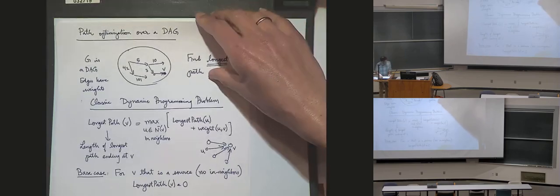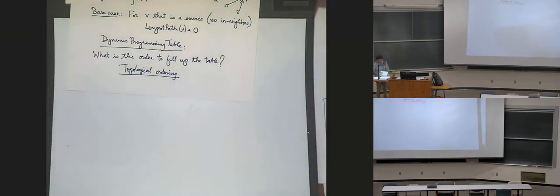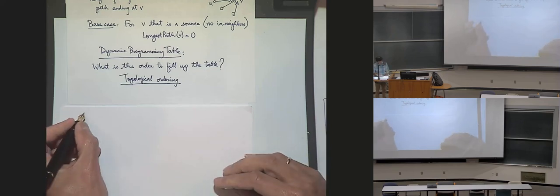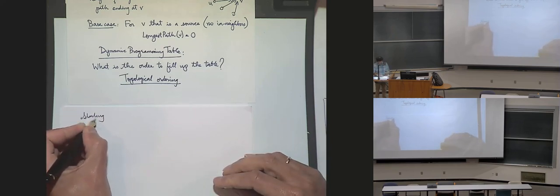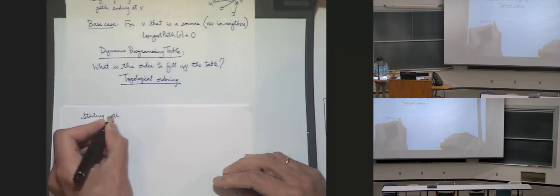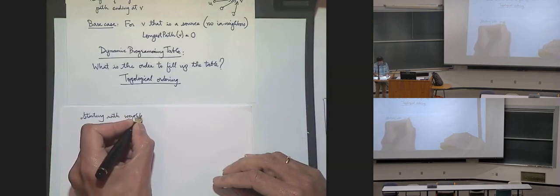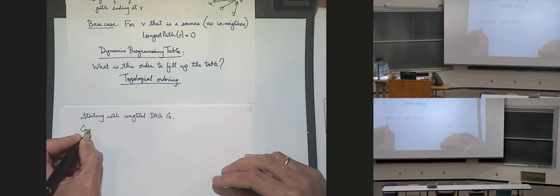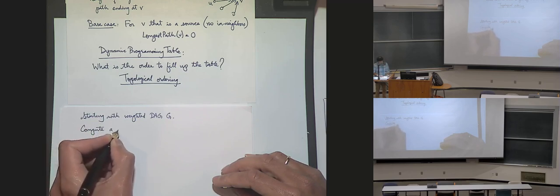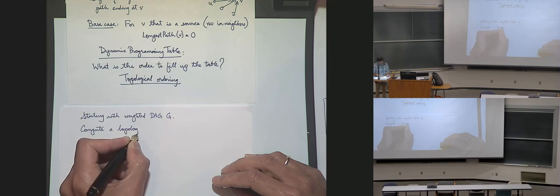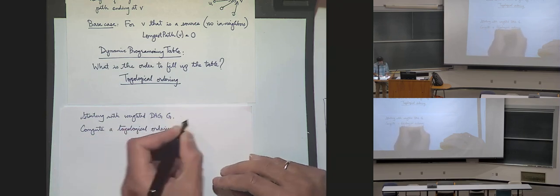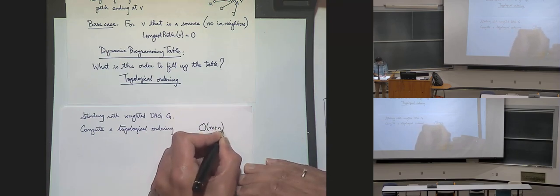So let me write this out. Start with a weighted DAG G, compute a topological ordering. This is all linear time, O of m plus n.